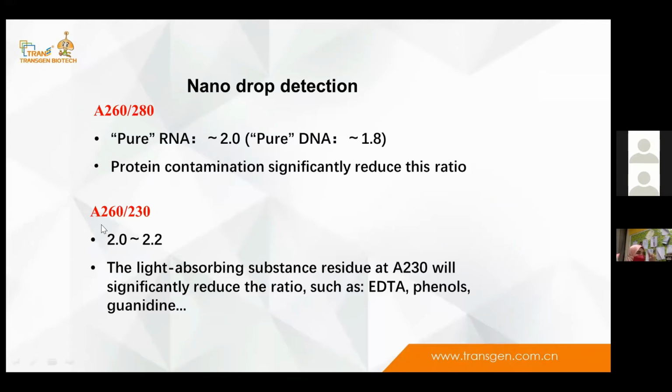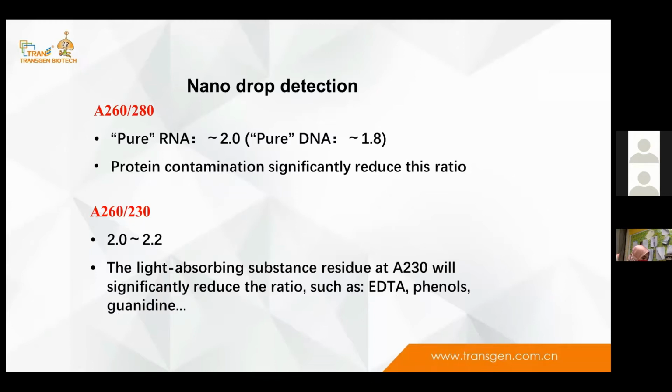The other one is the ratio between 260 and 230, and usually this ratio is 2.2. Light-absorbing substance residues at 230 will significantly reduce the ratio, such as EDTA, phenols, guanidines, and other organic solvents.